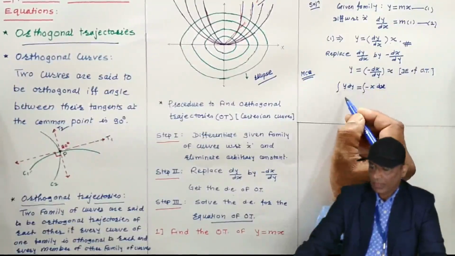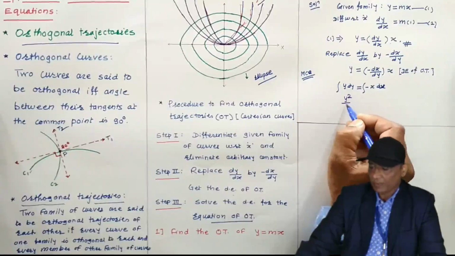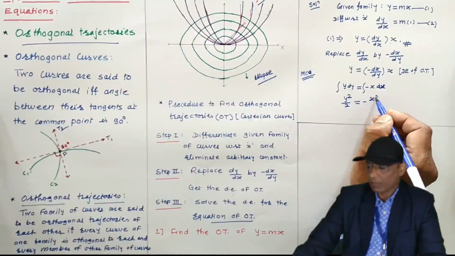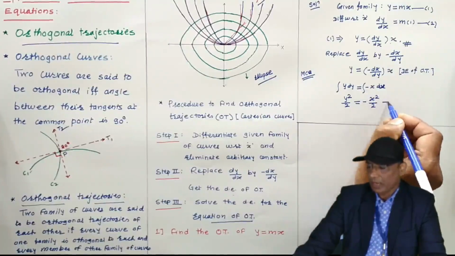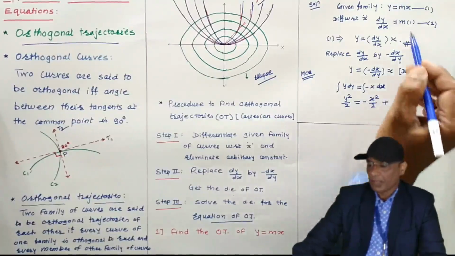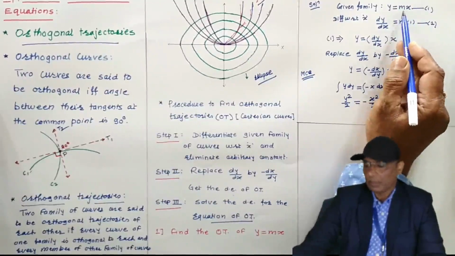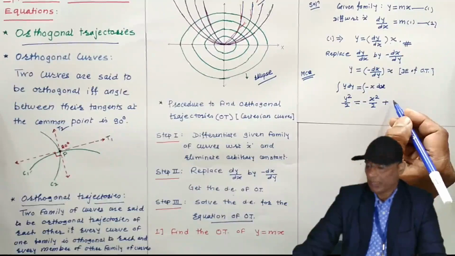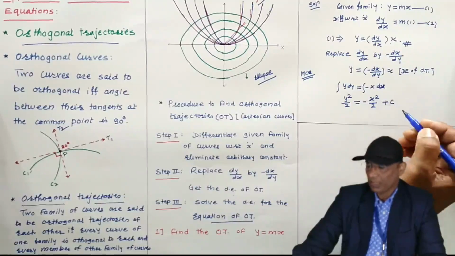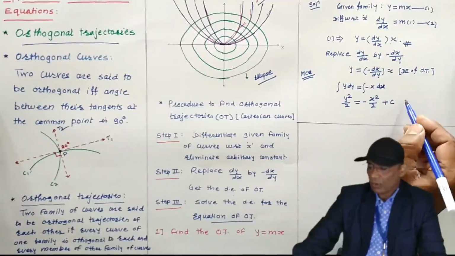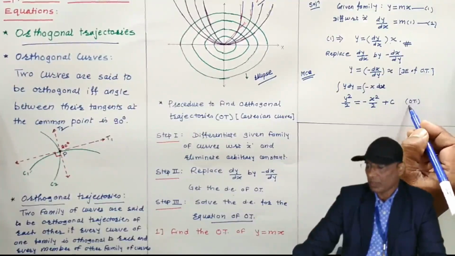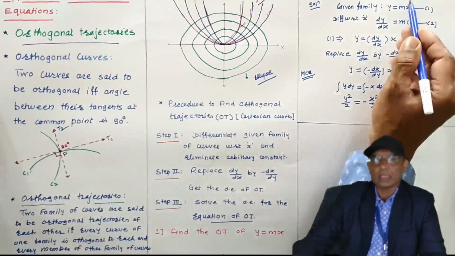The integration of y with respect to y is y square by 2, and the integration of x with respect to x is x square by 2, minus sign as it is, and the integration constant I am putting here. Any letter other than n, I am choosing c for the integration constant. So this is the orthogonal trajectory of the given family of curves.